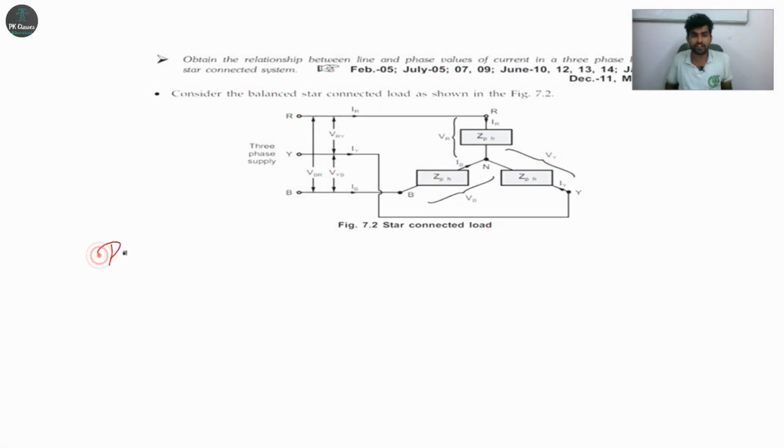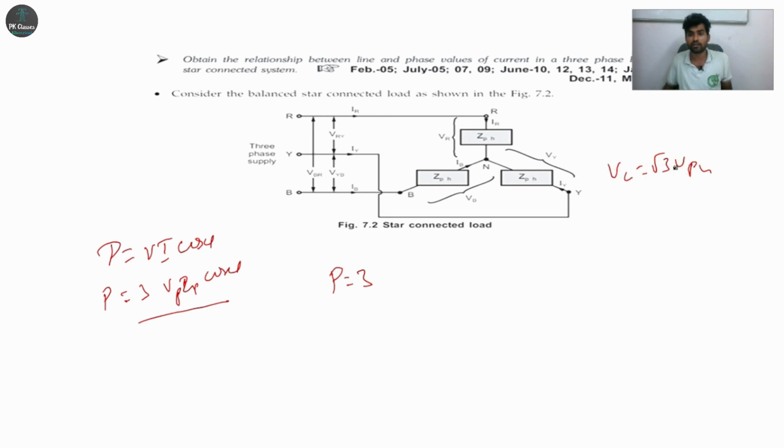For single phase, power is equal to V I cos phi, that is V phase I phase cos phi, right? For three phase, power is equal to 3 times V phase I phase cos phi. This is in terms of phase voltage. Let me see it in terms of line values. So power is equal to 3 times V phase, which is VL by root 3, right? We got VL is equal to root 3 V phase, so V phase is equal to VL by root 3.